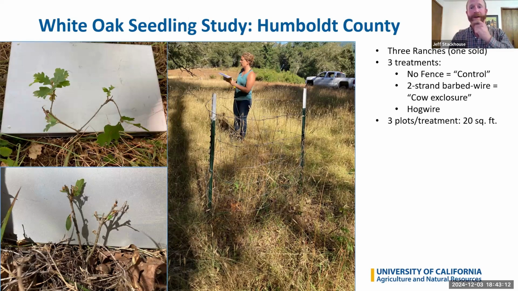So I'm going to go through this study pretty quickly, but Langaquin Davidson and I started basically caging trees 8 years ago. We did it on 3 ranches where we had 3 treatments, like a no-fence control area where there was nothing. We just put down some short metal stakes and quantified what was there.